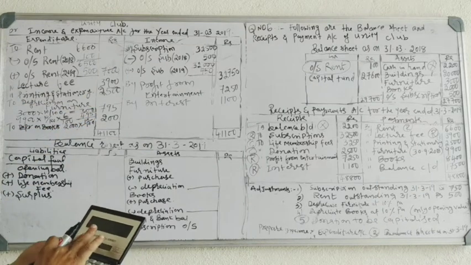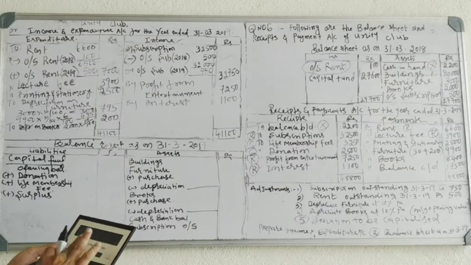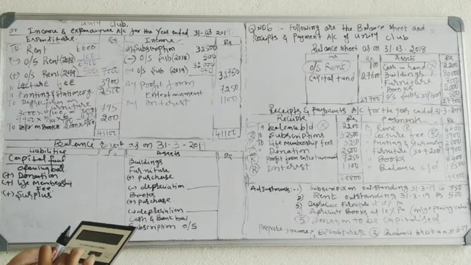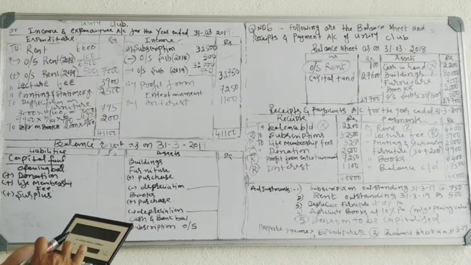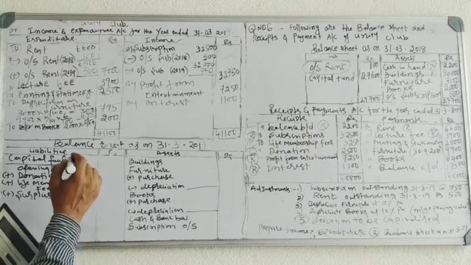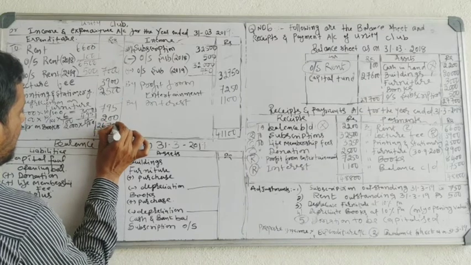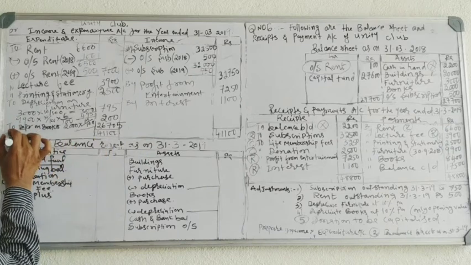Minus 7,000, minus 3,900, minus 2,500, minus 795, minus 200. Balance is 26,705. This is surplus.